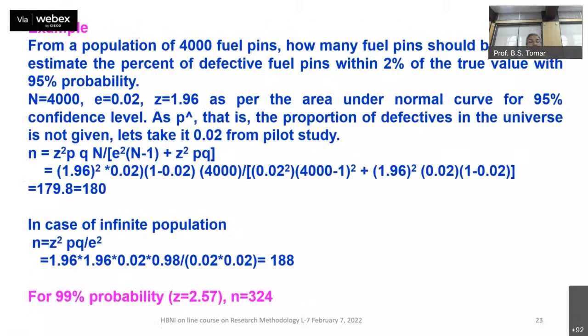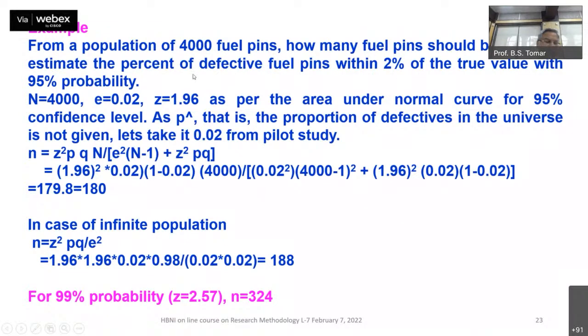So here is an example again. From a population of, let us say, 4,000 fuel pins for a nuclear fuel complex preparing fuel pins for a reactor, how many fuel pins should be drawn to estimate the percentage of defective fuel pins within 2% of the true value with 95% probability?